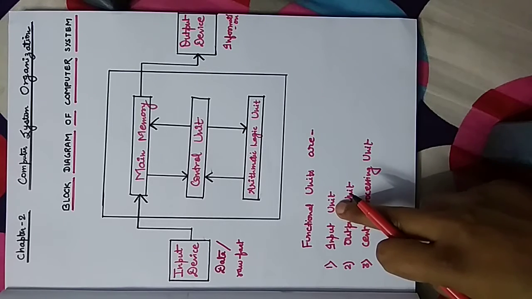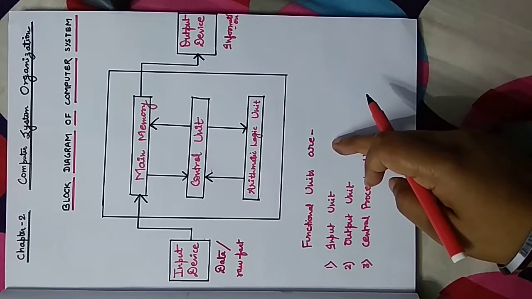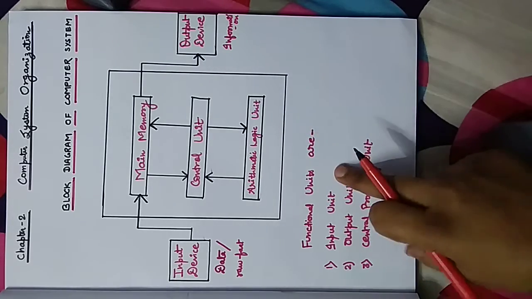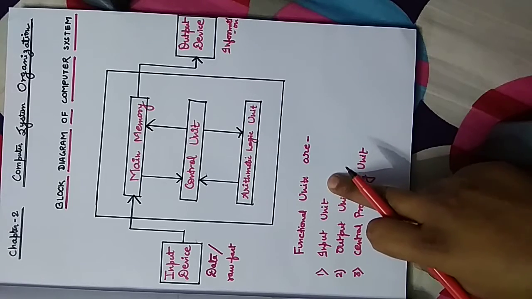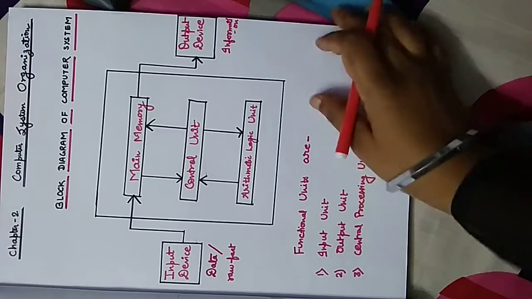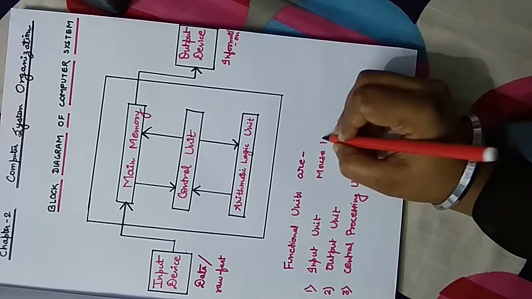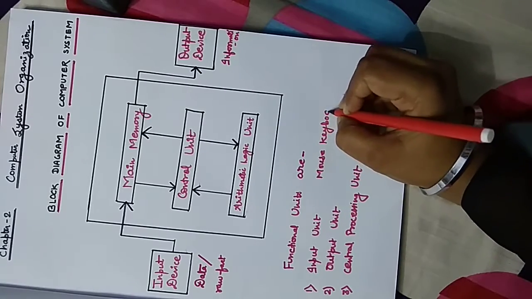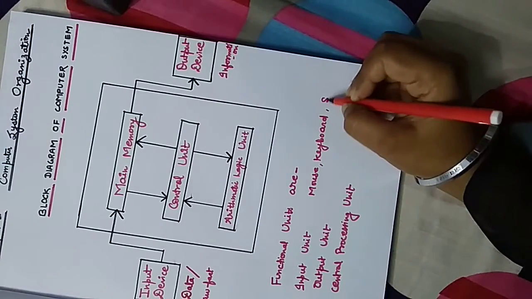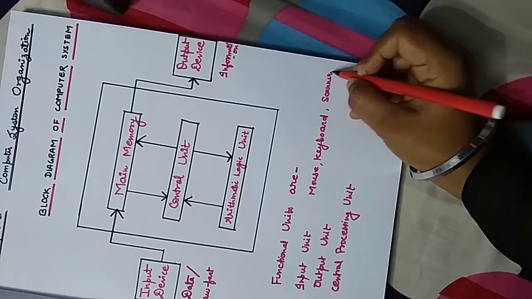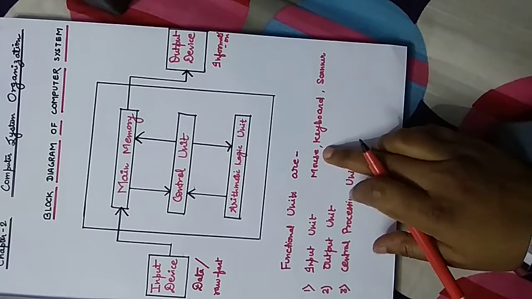See, the input unit is the unit that takes the data from the user and enters it into our computer system; that is all done by the input unit. And we mostly use mouse, keyboard, scanner, etc. as input devices.